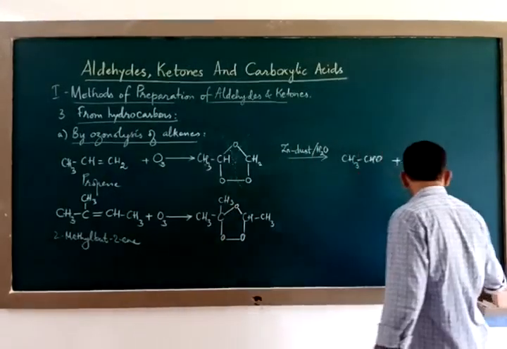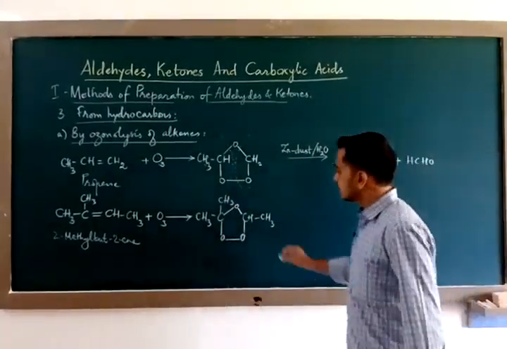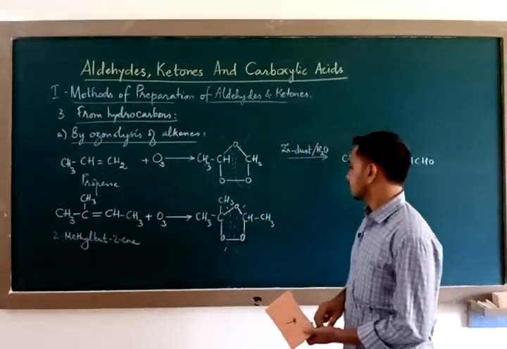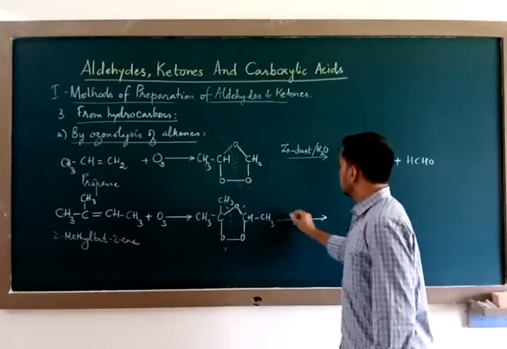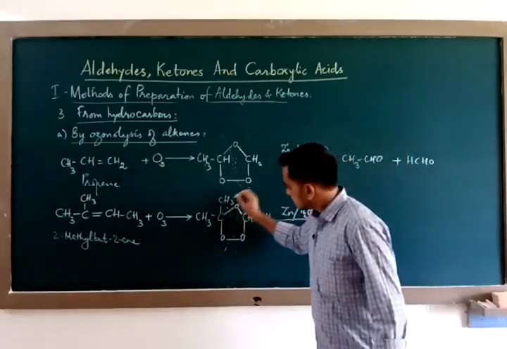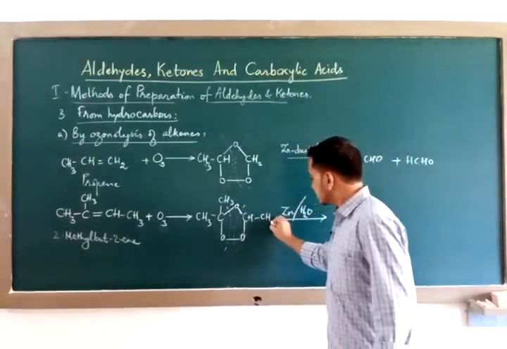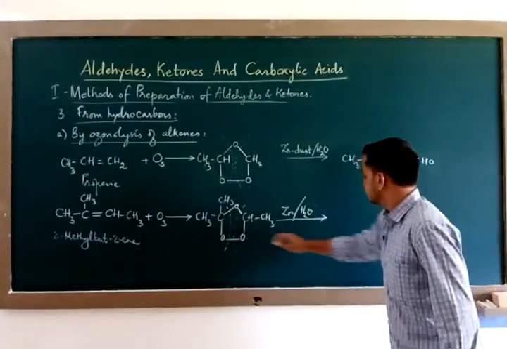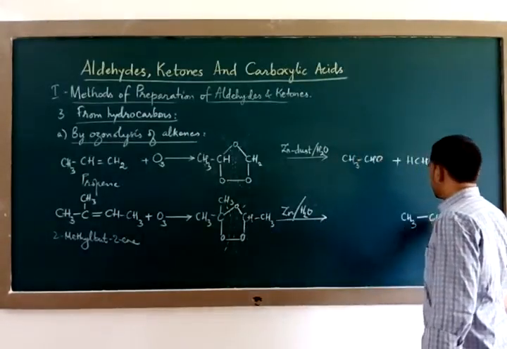Now how do you break them? You break them in such a way that you get aldehydes and ketones. Then when it is hydrolyzed using zinc dust and water, what is obtained? Now notice, I will begin from here. CH3 dash CHO. It is an aldehyde.